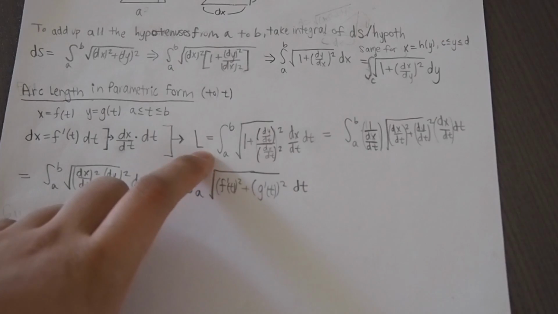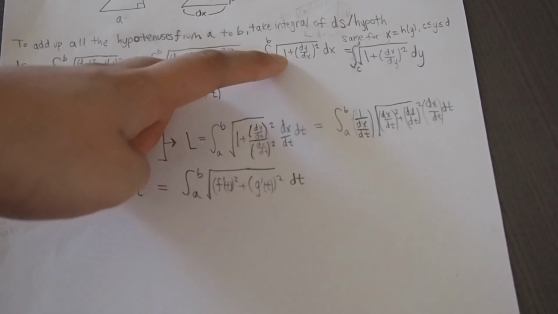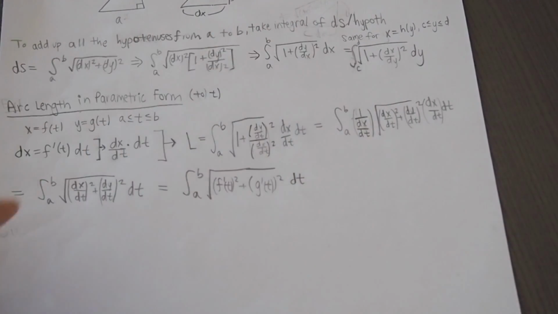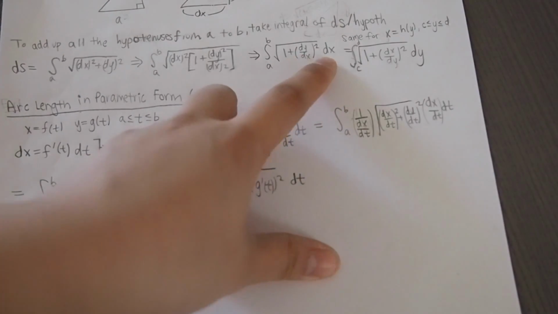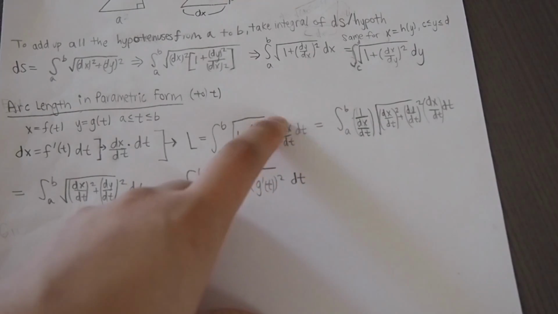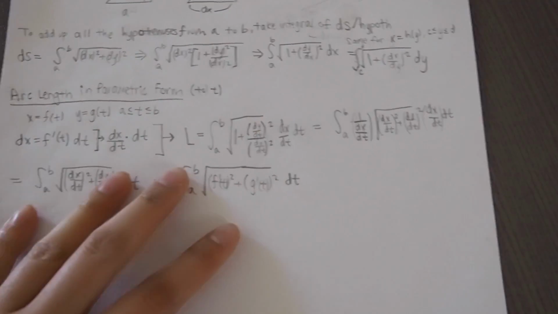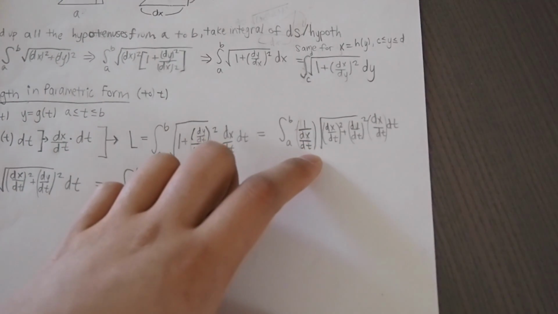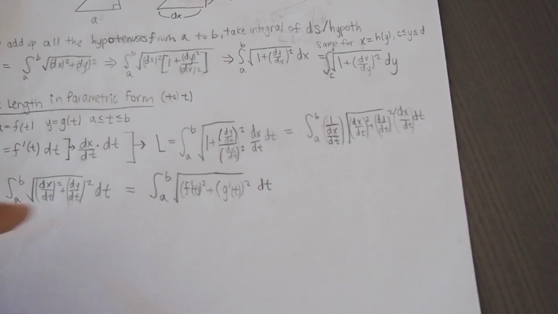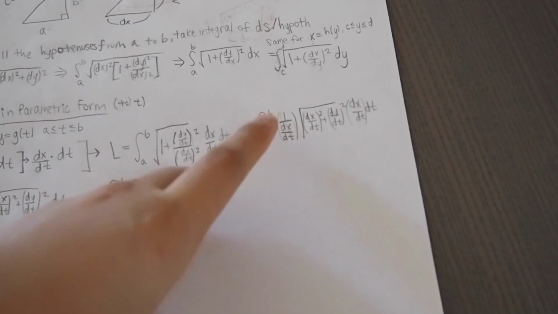As we learned before, the formula is the definite integral of the square root of 1 plus dy over dx squared dx. We want to replace this dx and make everything in terms of dt. Simplifying by taking out a 1 divided by dx over dt, we can cancel out the dx over dt that is by the dt.